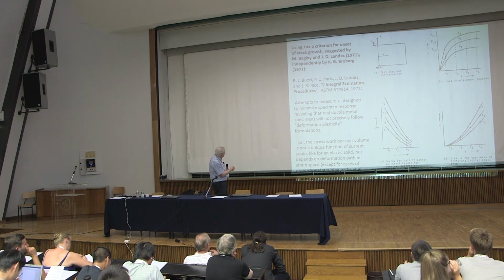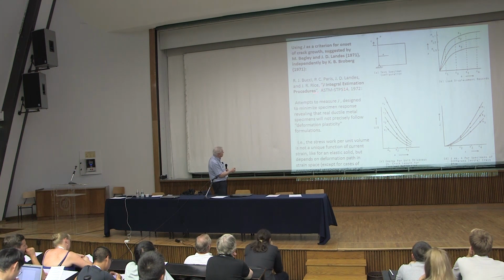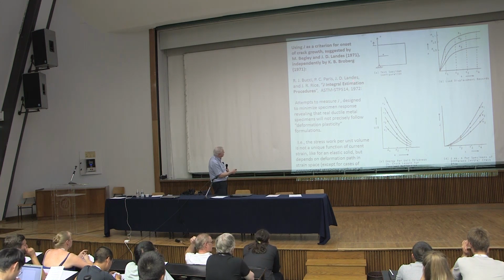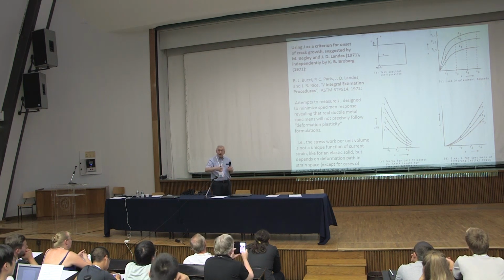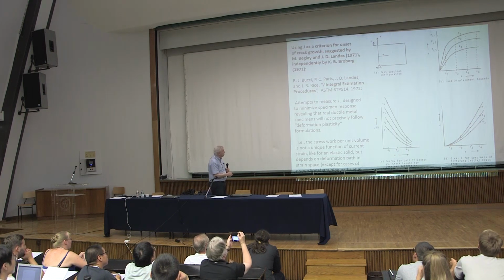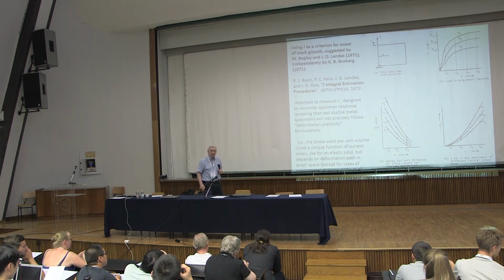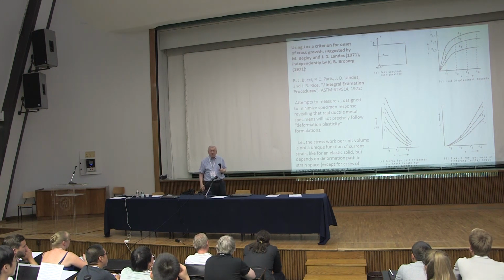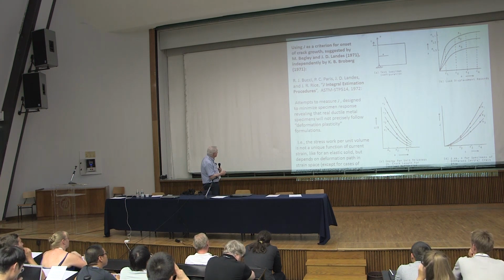And later there was a paper by Bucci, Paris, and Landes called J-integral estimation procedures, which involved ways of estimating J by taking its definition of the rate at which the total work of deformation of a specimen changes when you change the crack length, and using that to devise an experimental way of actually estimating J. And this was of great interest because at that time in the US, we still believed in building nuclear reactors, and there was great concern over their safety and the ability of them to sustain cracks when highly pressurized. So that caught, rightly, quite a bit of attention.